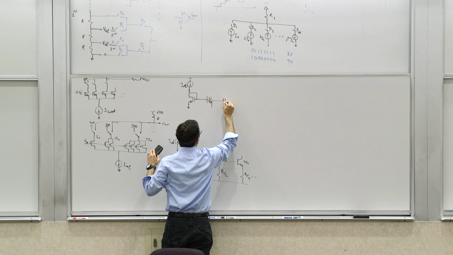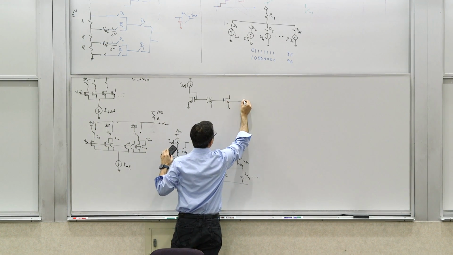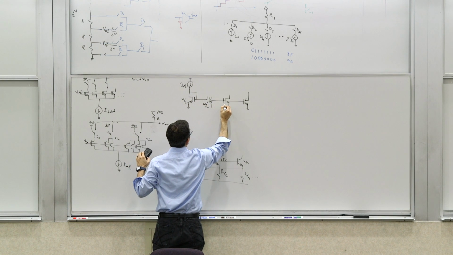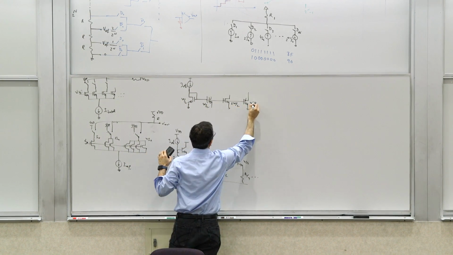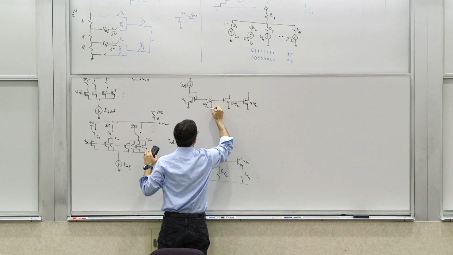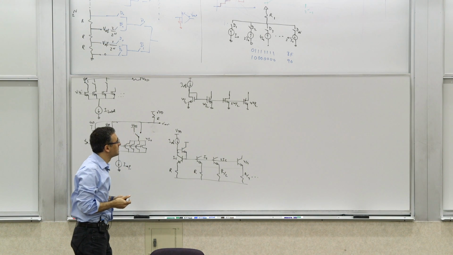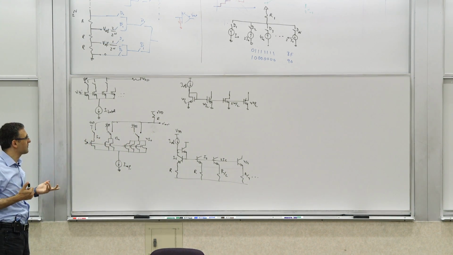And then you basically can do this, and then you make this W over L, 2W over L, I suppose, and 4W over L, right? And then these are your 3 branches of current. And then you can switch them on and off, right? These are some things that we've looked at before.